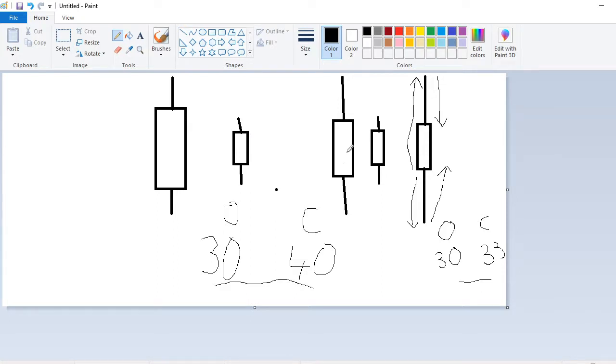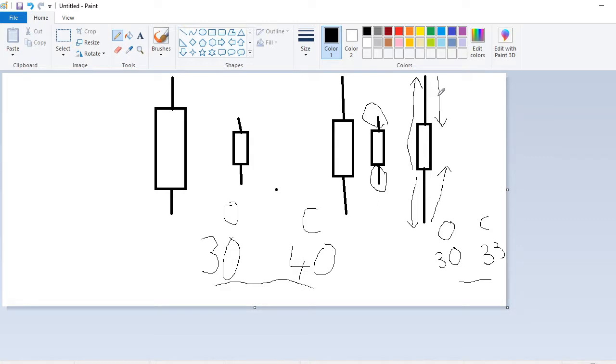And if you find any candle with small wicks, then the volatility is very less, which is very nominal. But if you find any candle with big wicks, that means there is more volatility in the market.